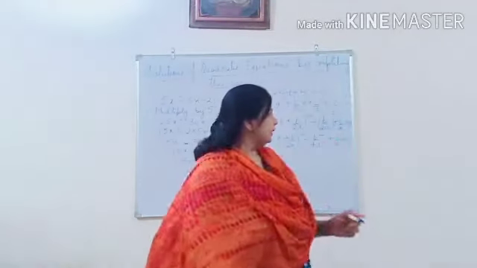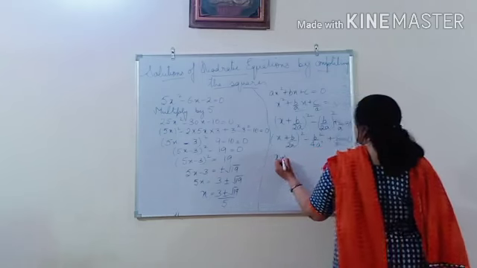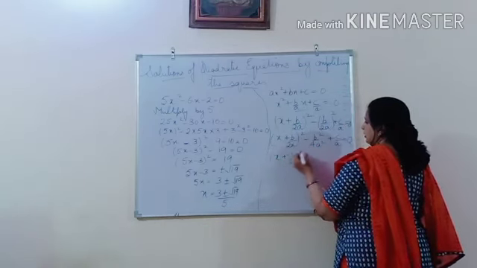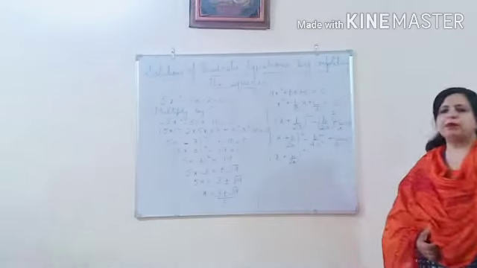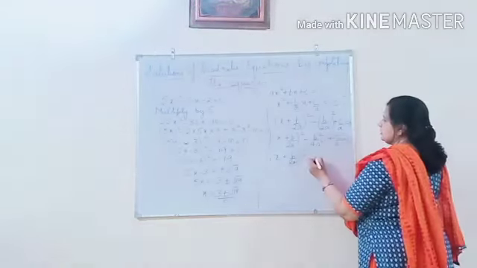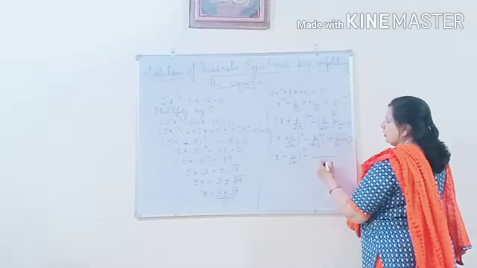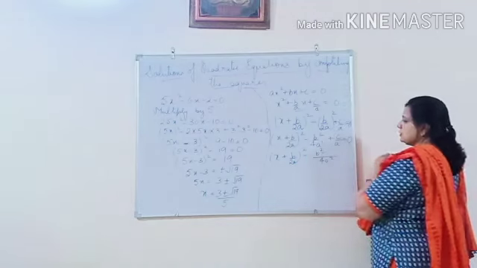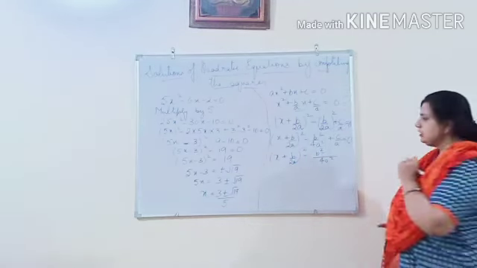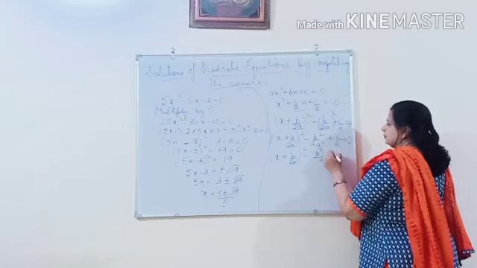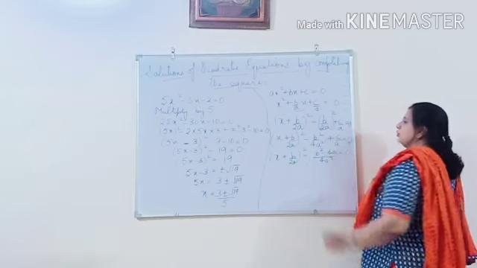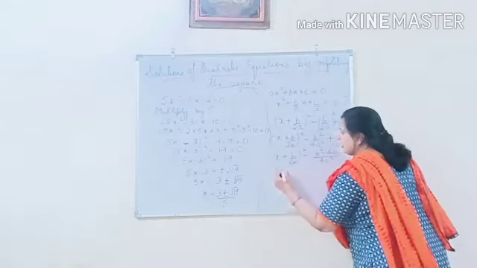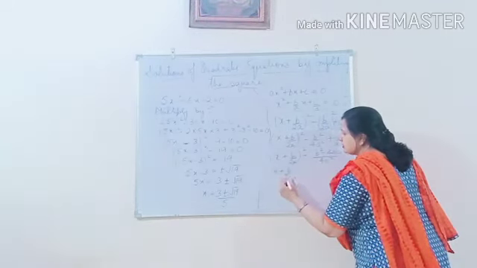Now further let us solve it: x plus b by 2a whole square minus, let us take the LCM here, 4a square will be the LCM, b square minus 4ac, equal to 0. Now let us write this first term as it is.